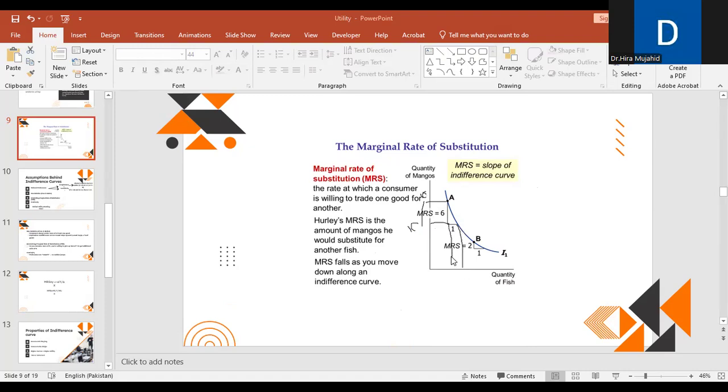It doesn't mean there's a single unit. It means there are two different numbers, and we take the difference so we can have the slope. We all know the formula: change in y divided by change in x, right? This is the formula for slope, and we are taking all the slopes for the indifference curve, right?